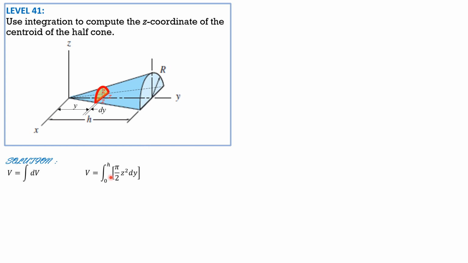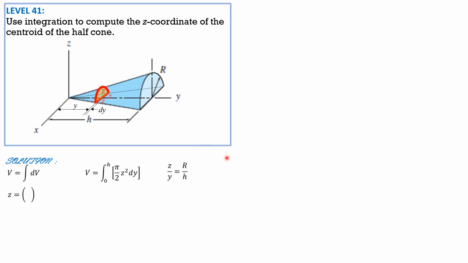So the limit should be from 0 to h rather for y. From the figure, by similar triangles, z is to y as r is to h.